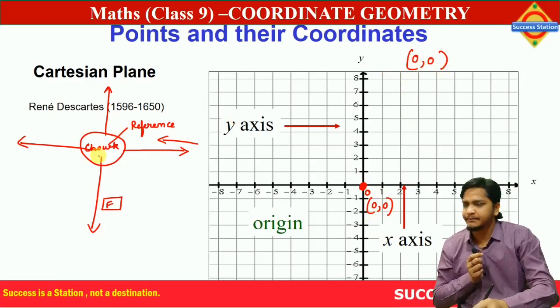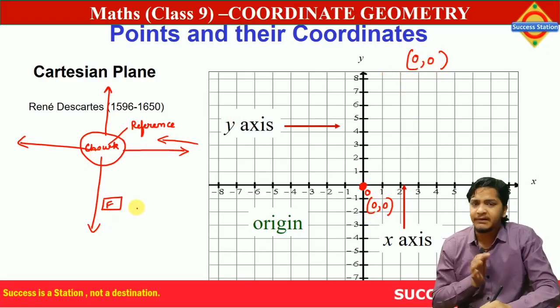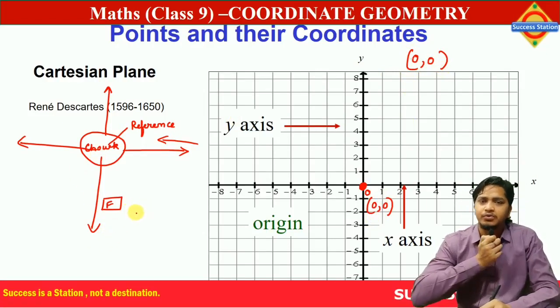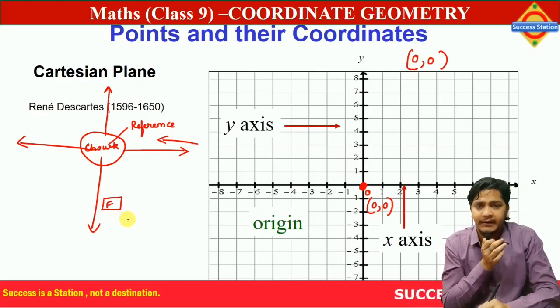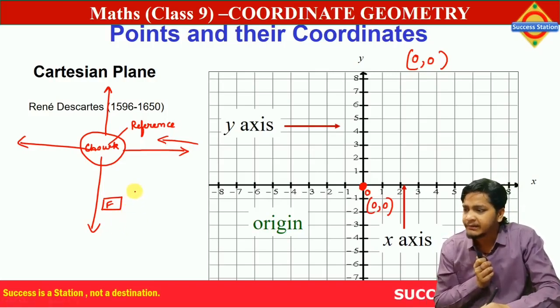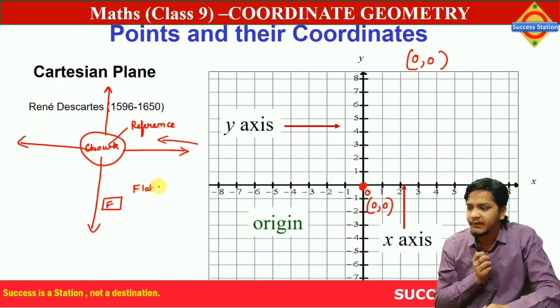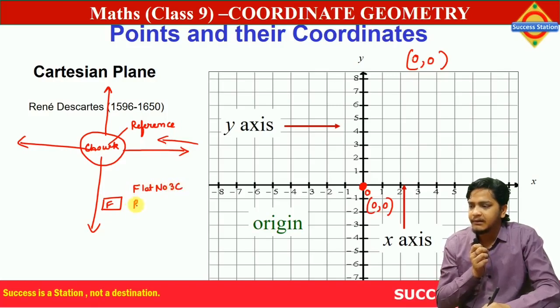Now, why like this? See, whenever you are told to write your address, how do you write it? Firstly you take the flat number, 3C, Rachna Apartment, like this, something.